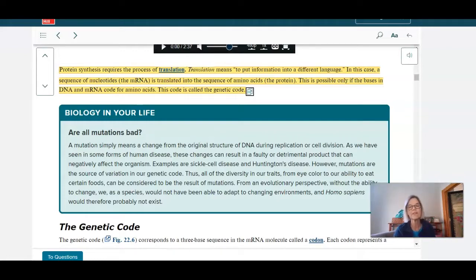So having mutations that result in taller giraffes can actually benefit the population and help the taller ones reproduce. So mutations, even though it sounds like a bad thing, might have a detrimental effect, might have no effect on the resulting organism, or might even have a beneficial effect that allows the organism to survive and reproduce more effectively.